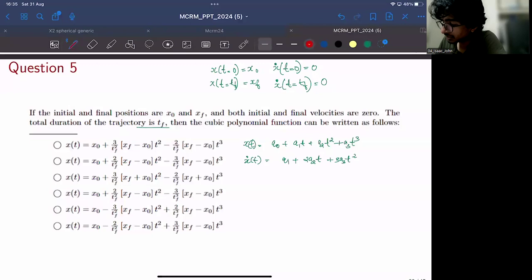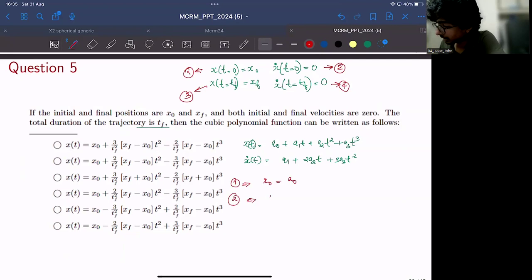So I'll label this as condition 1, label this as condition 2, I'll label this as condition 3, and this as condition 4. So if I apply condition 1, what will you get? We'll get x0 as a0. If I apply condition 2, you will get 0 as a1.